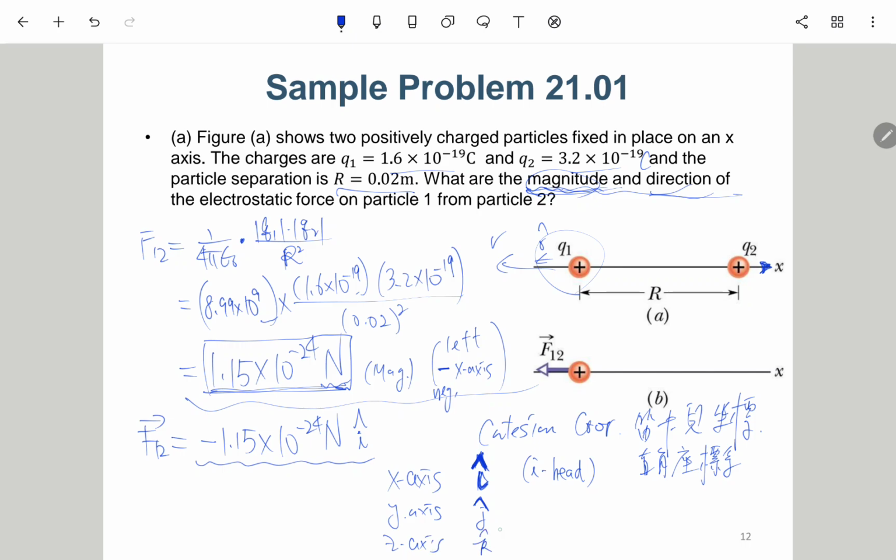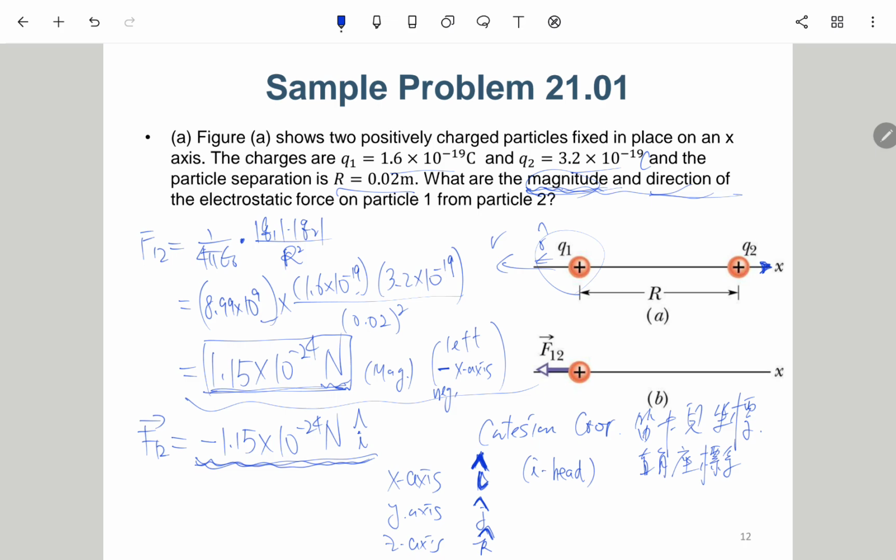We will use this kind of vector notation later on, because if we try to represent a vector with the Cartesian coordinate, we already decompose it in xyz components, and then we can do the vector addition very quickly.